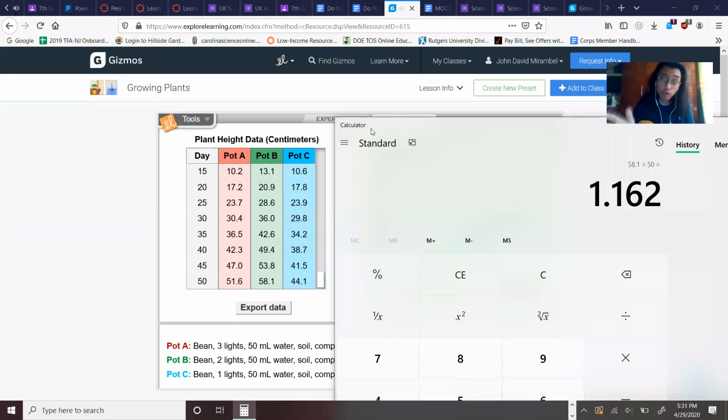Group B grew 1.162 centimeters per day. Now it's obvious based on our data and our math that group 2, or group B, pot B, grew faster in terms of height at the end of 50 days than group A.